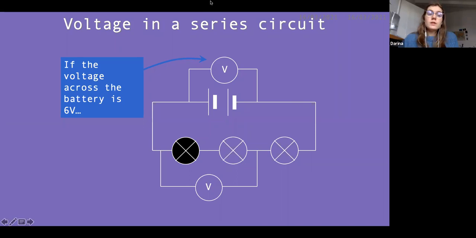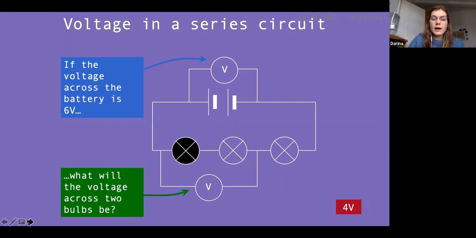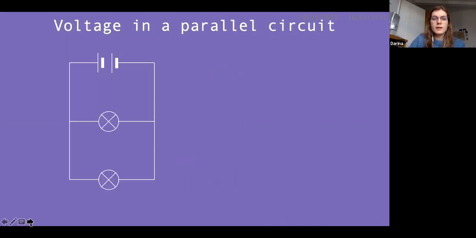Okay, so if it was 2 across that first one, that means that we just add together the 2 volts from the first one, 2 volts from the second one. It means that we have 4 volts across those 2 lamp bulbs. So 2 plus 2. Right, fantastic.